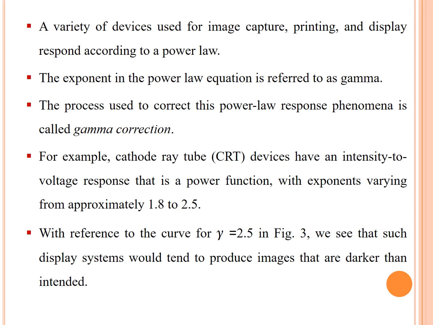For example, CRT devices have an intensity to voltage response that is a power function, with exponents varying from approximately 1.8 to 2.5. With reference to the curve for gamma equal to 2.5 in figure 3, we see that such display systems would tend to produce images that are darker than intended.